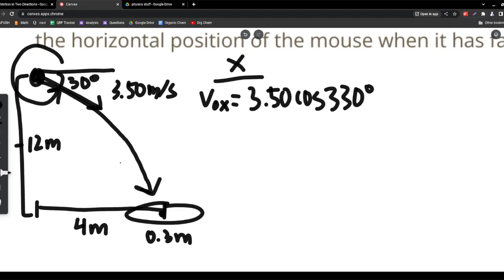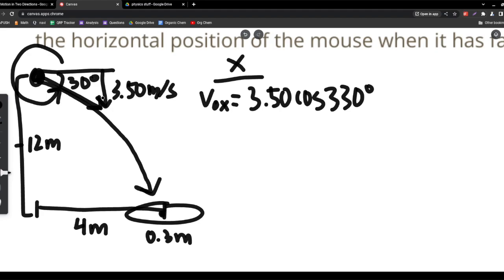This part isn't really necessary. You can use 30 degrees, but you have to keep in mind that your y component of the velocity is going to be negative. But if you do this, then we don't have to worry about negatives. So it just depends on what you want to do.